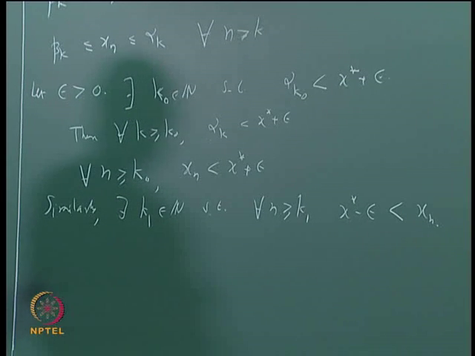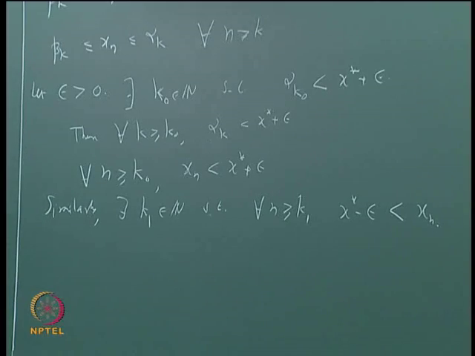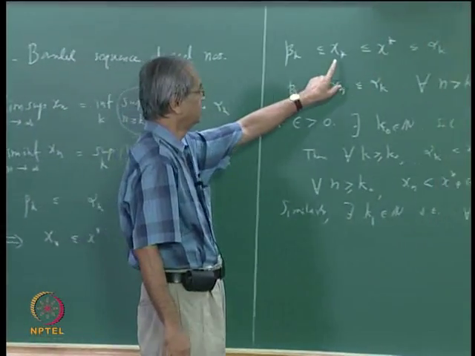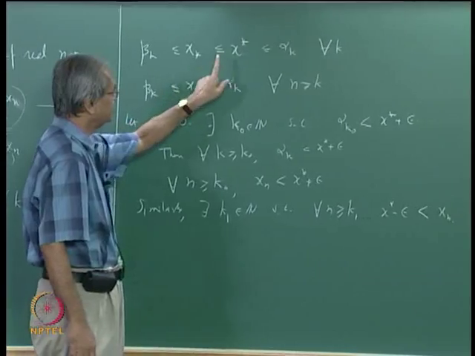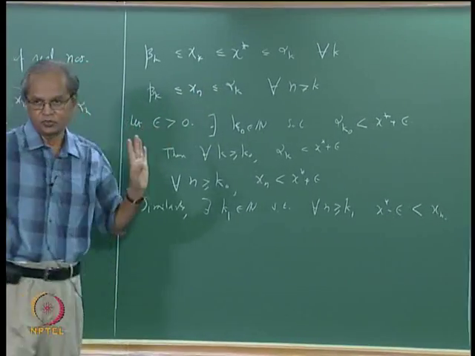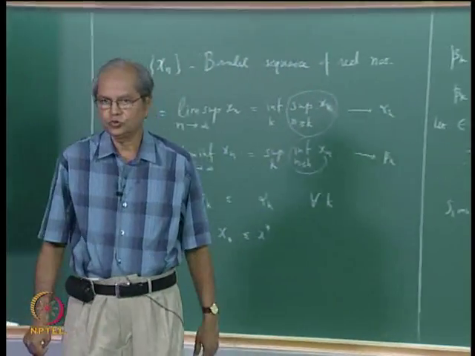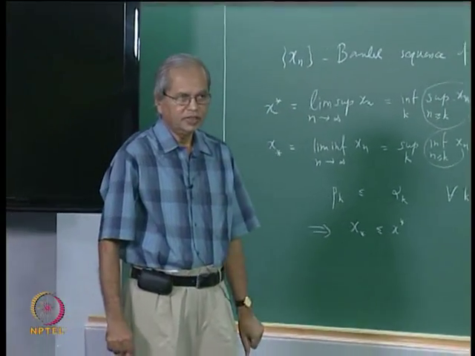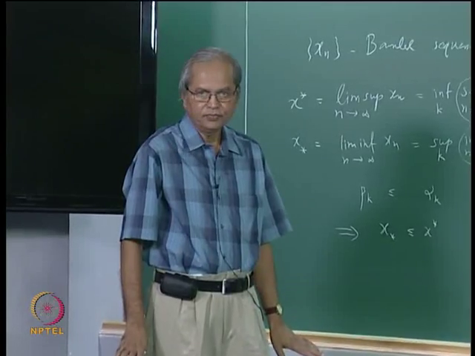Now this is a small observation, but we have proved something very important here. Given any sequence, this x subscript star is less than or equal to x star always. But suppose those two numbers coincide for some sequence. Then what does that mean?